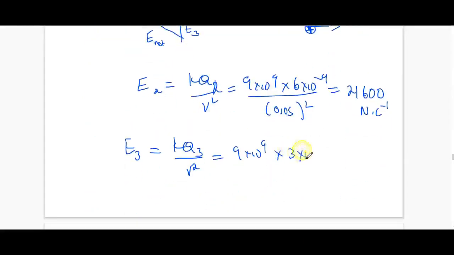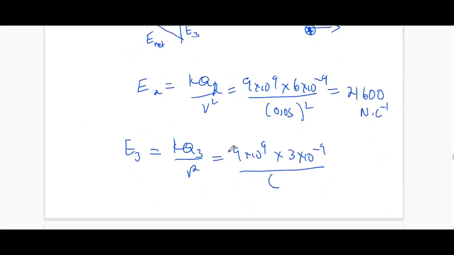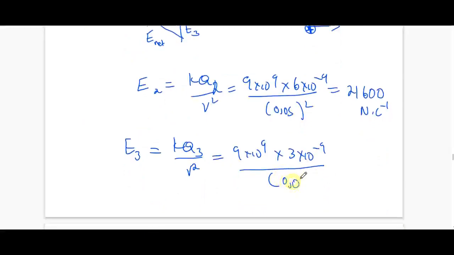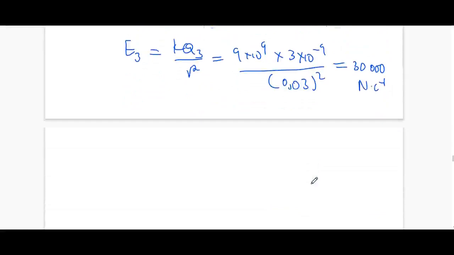We take the magnitude, 3 nanocoulombs divided by 3 centimeters, 0.03 meters, all squared. Here I have 30,000 Newton per coulomb.